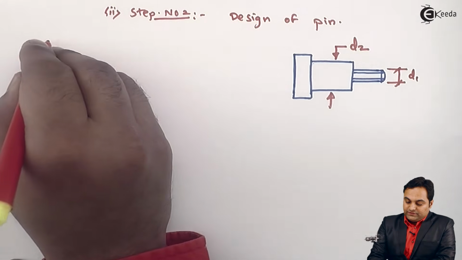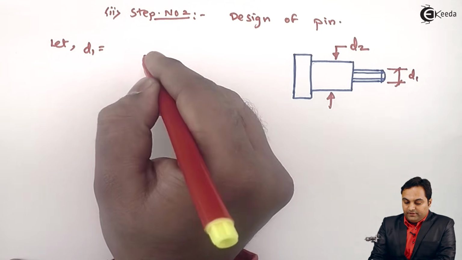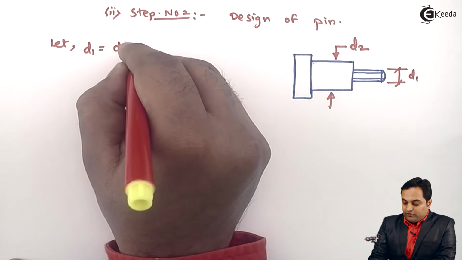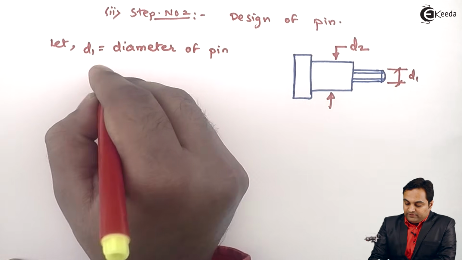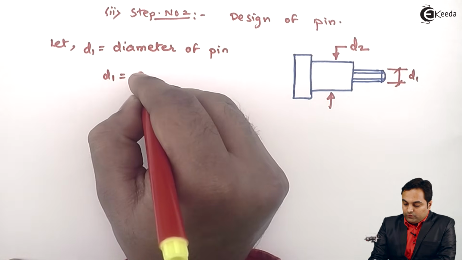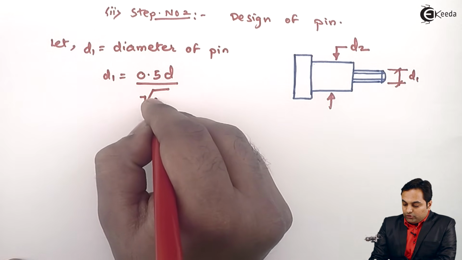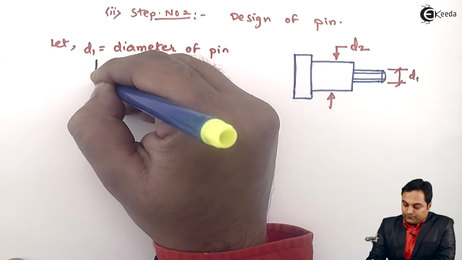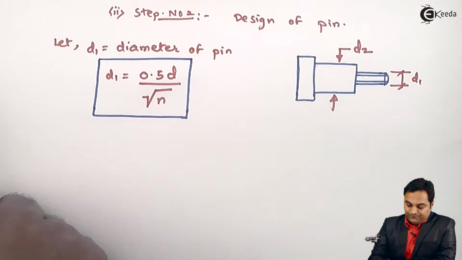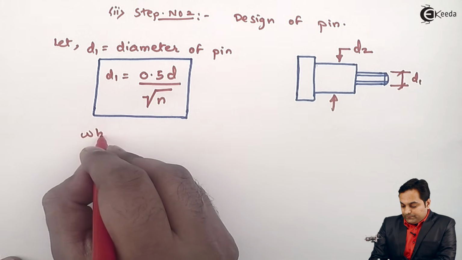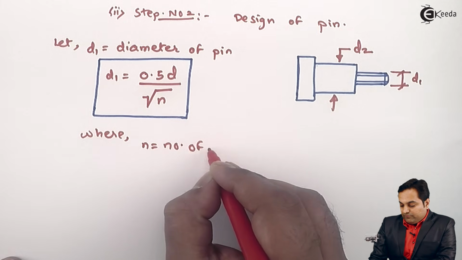So let D1 be equal to the diameter of pin, and for that we have the relation D1 is equal to 0.5 times the diameter of shaft upon root of n, where n is equal to the number of pins.